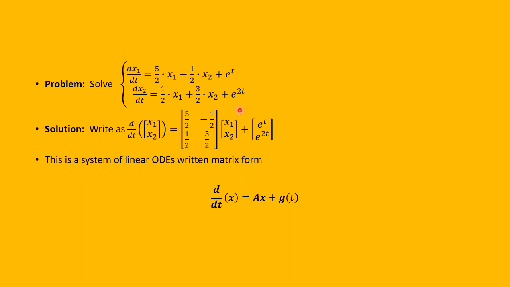We can write this system of differential equations in vector and matrix form as the derivative with respect to t of the vector x1(t), x2(t) equals the coefficient matrix 5/2, -1/2, 1/2, 3/2, times x1, x2, plus e^t, e^(2t).